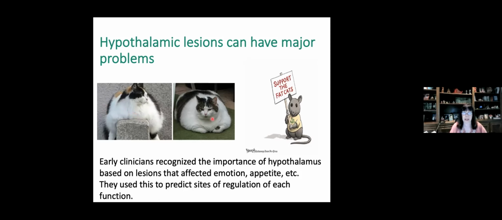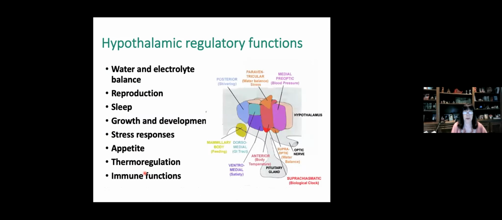They discovered that lesions would affect the appetite, emotion, and they could put the lesions in different areas of the hypothalamus. In the early days, that's how they defined where the hypothalamus was regulating. We're a bit more sophisticated now, but basically that was the early work.